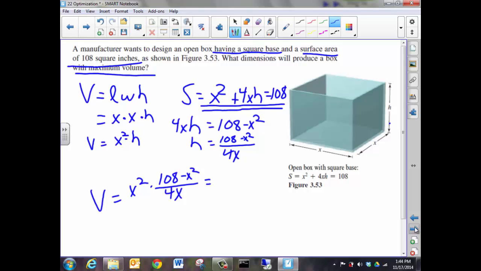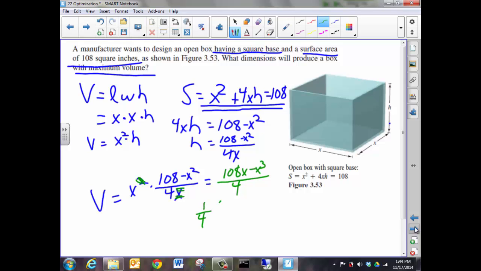Now, you could go ahead and take the derivative. I will try to do a little bit more cleaning up here. I'm going to cancel that X with one of these up here, and I'll get 108X minus X cubed over 4.